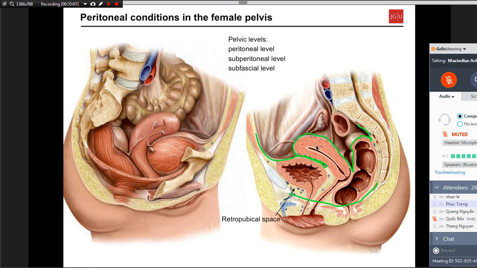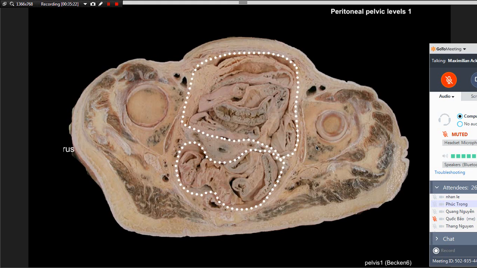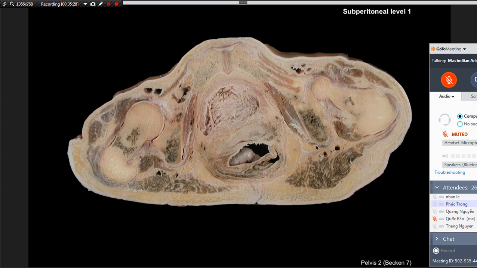So we call that the retropubic space. This is a field of fat tissue. This is the vesicovaginal space, and this is the rectovaginal space. This is just fat tissue. So this is the broad ligament of the uterus.